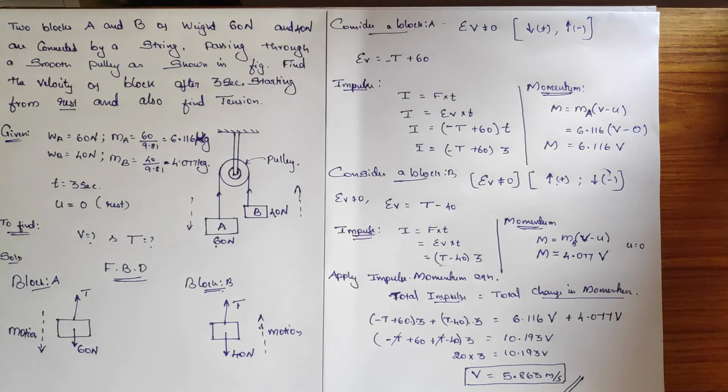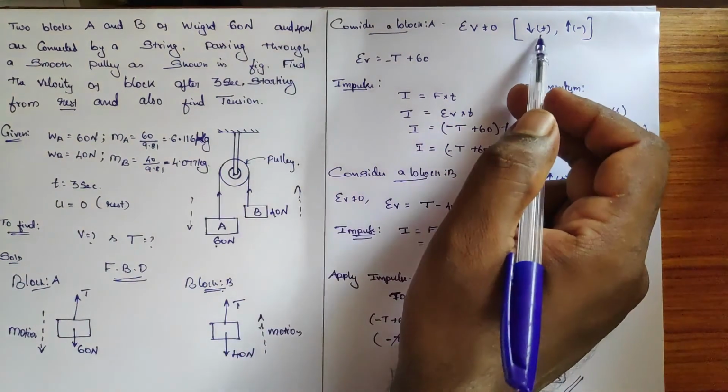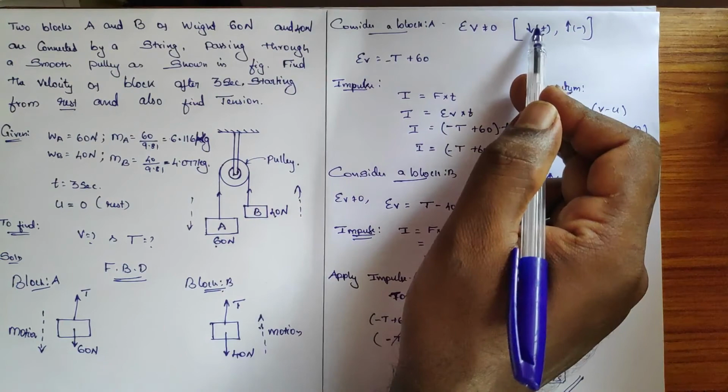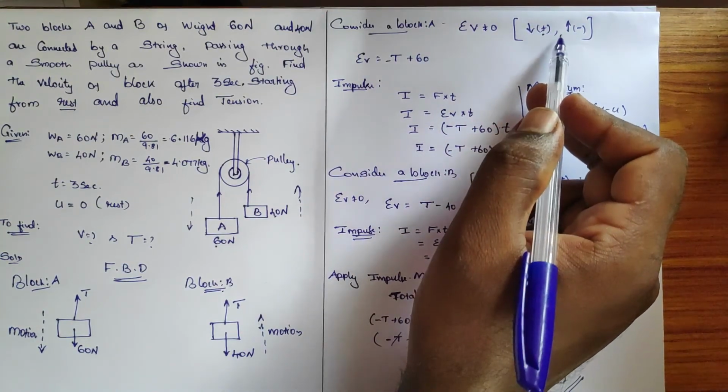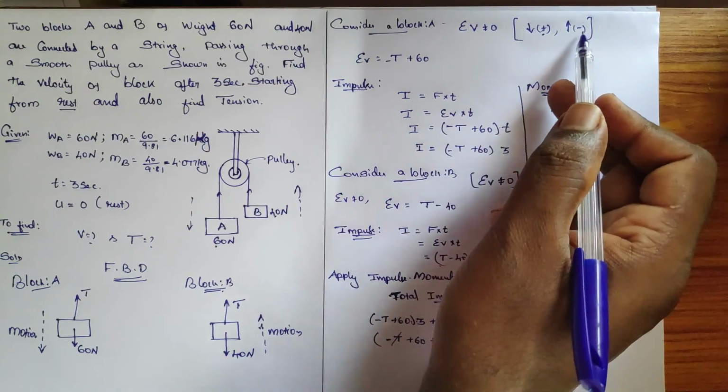If it is directed vertically, then the vertical force will not be equal to 0, since the motion is happening; it's not in equilibrium. If the motion is downwards, then all the forces acting downwards should be positive, and those acting upwards should be negative.